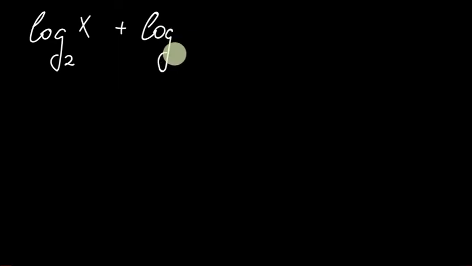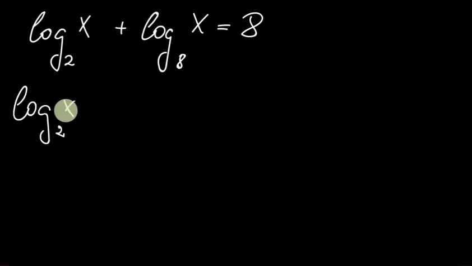Now let's say we have log base 2 of x plus log base 8 of x equal to 8. Now I want to use one more property that we didn't use before, so let's rewrite this just as it is, log base 2 of x plus.